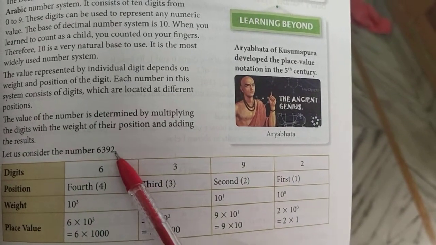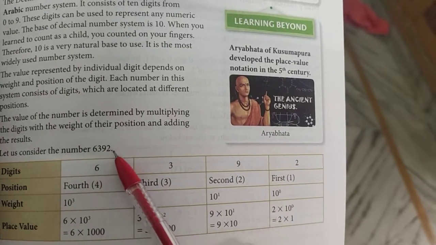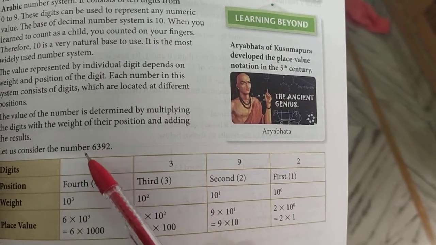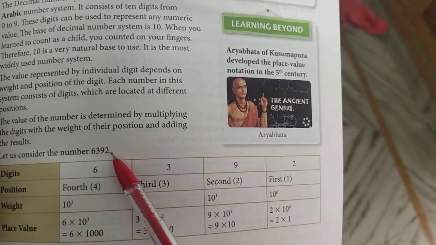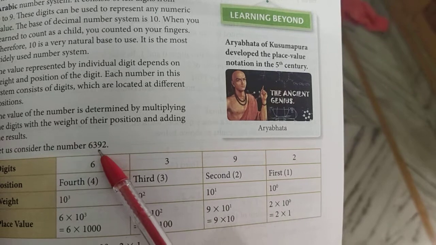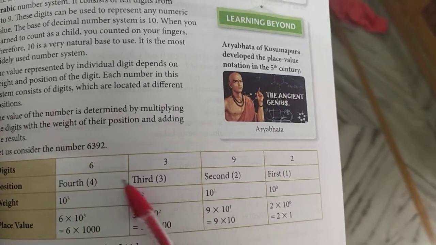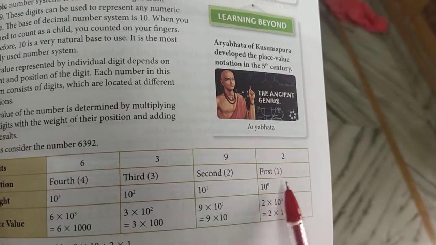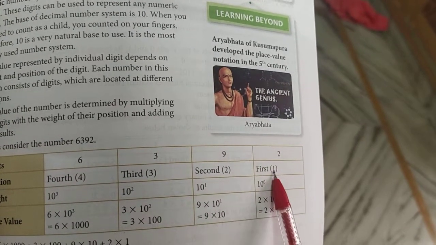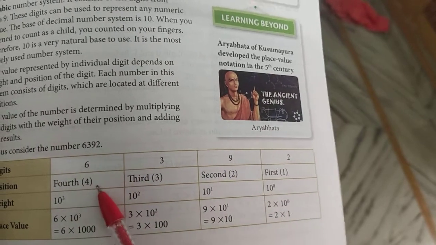We always start from the right hand side, not from the left. And we can find the first place, second place, third place and fourth place. The position you can see here also, it is defined: first is 1, second is 2, third is this, fourth is this.